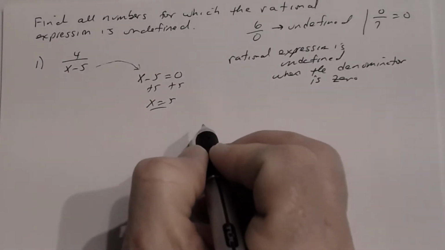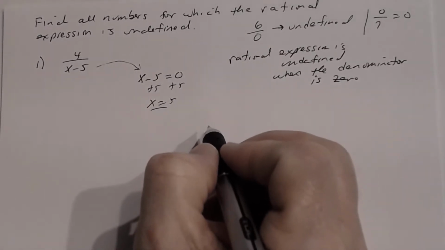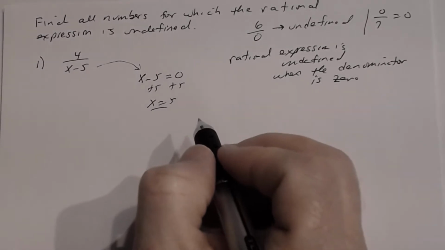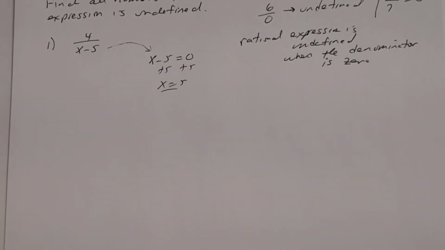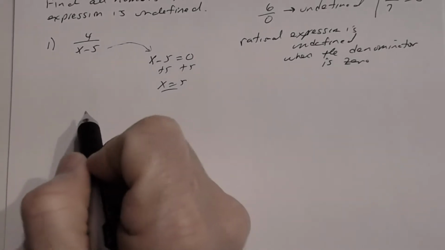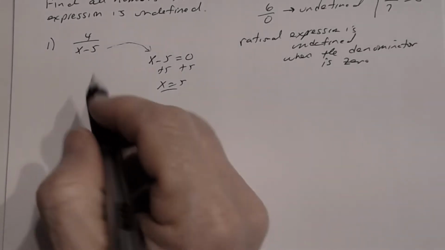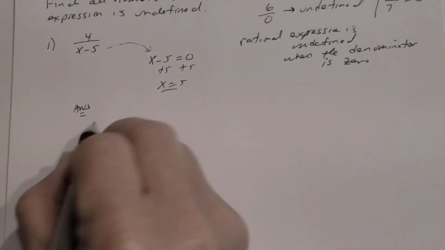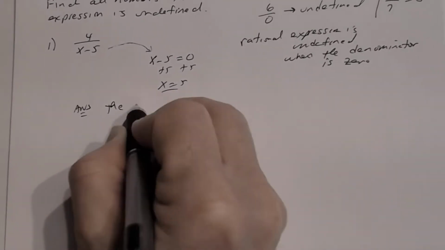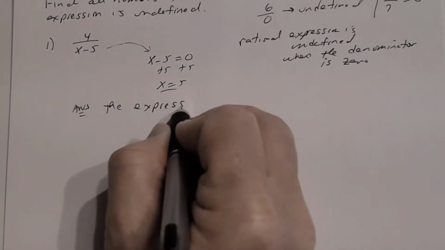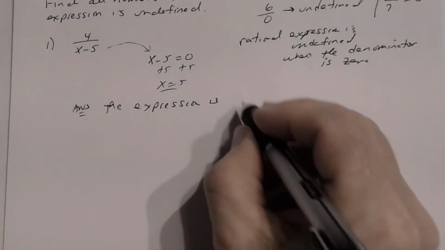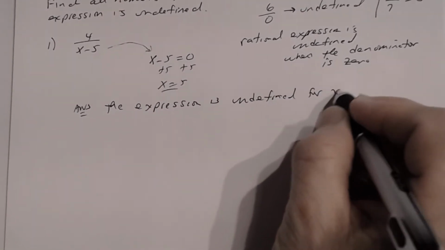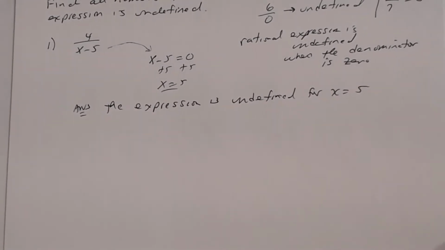All right. Now, here's how you write your answer. There are probably a couple of ways you can write the answer. So listen to what I'm about to say. In my math lab, and even on a worksheet or a test, your answer is going to look like this. You're going to say the expression is undefined for x equals 5.